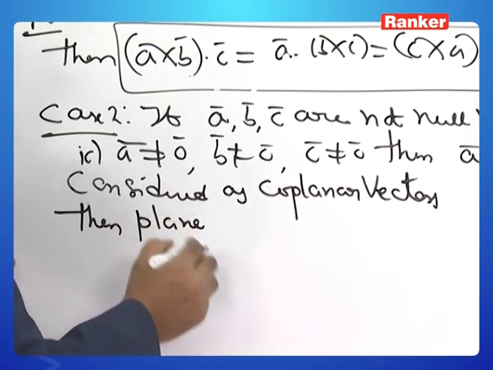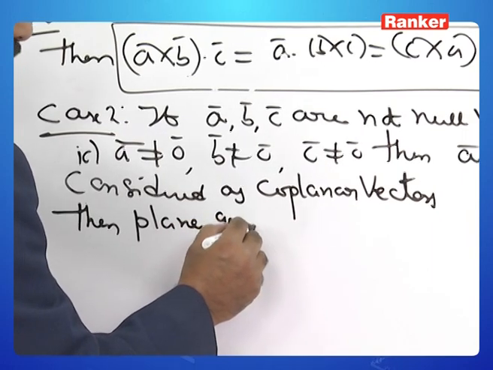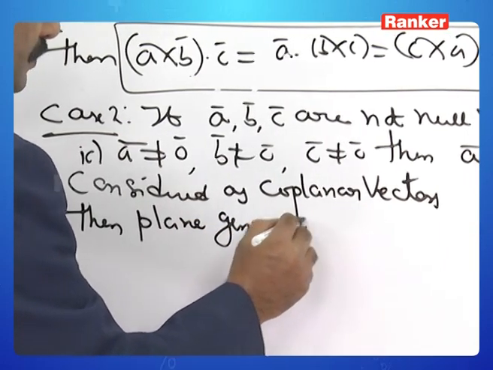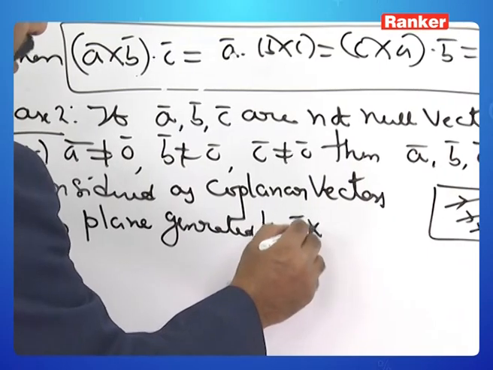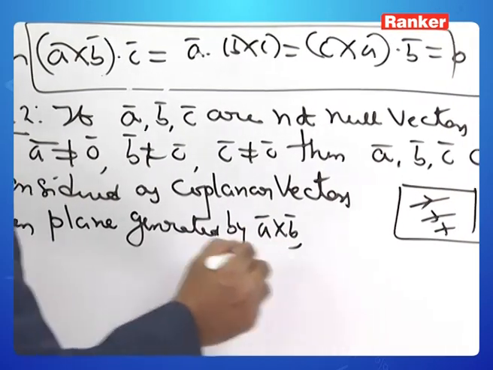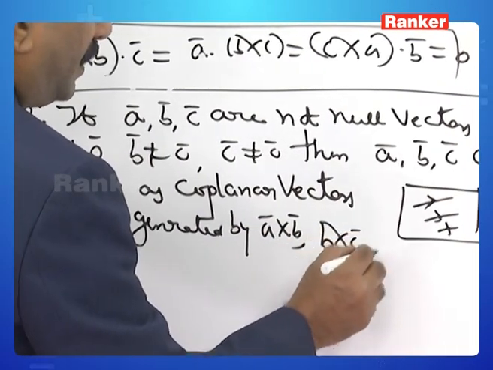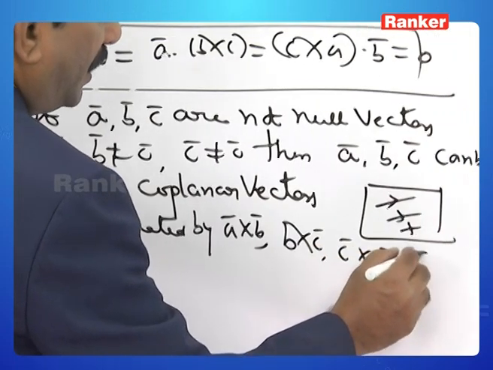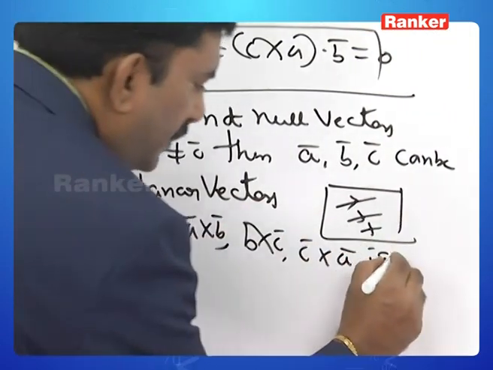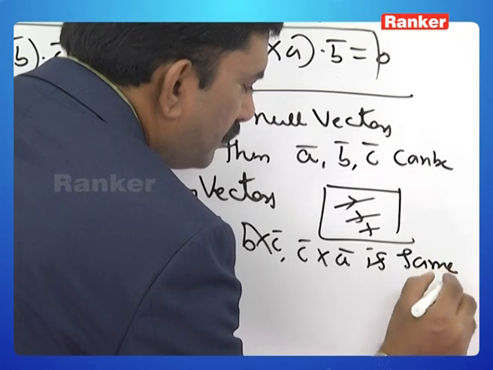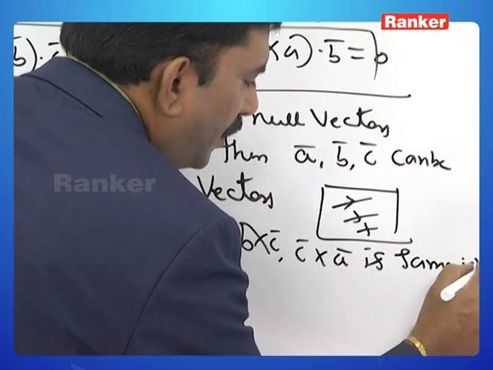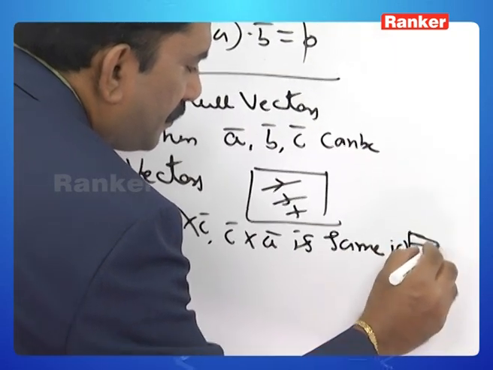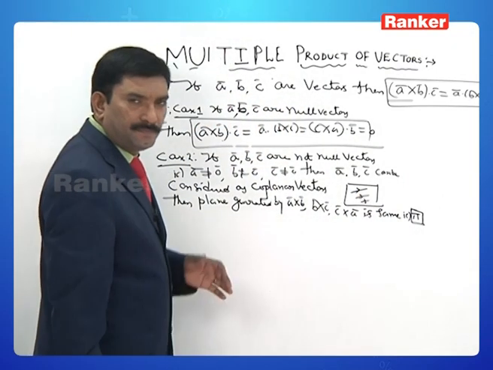Now, if they are coplanar, then the plane generated by A cross B, B cross C, C cross A is the same. Call it plane pi.